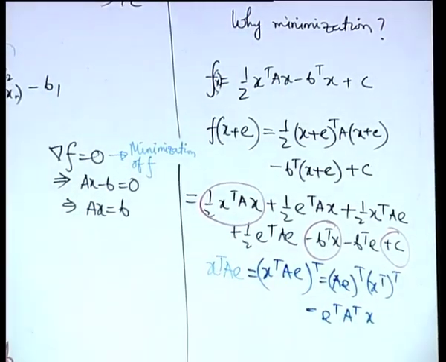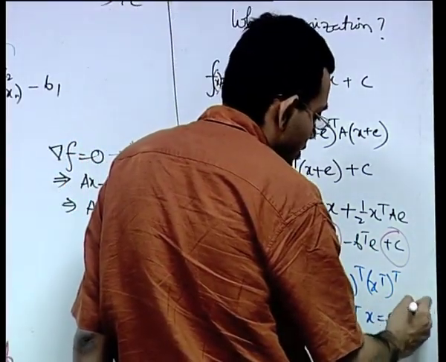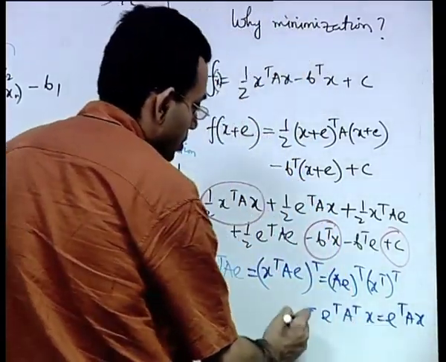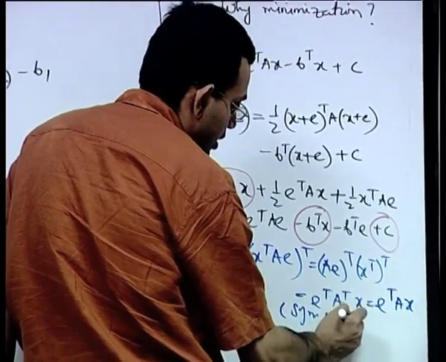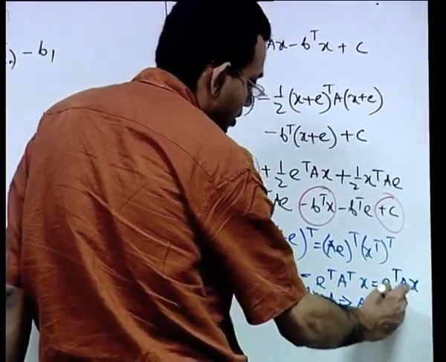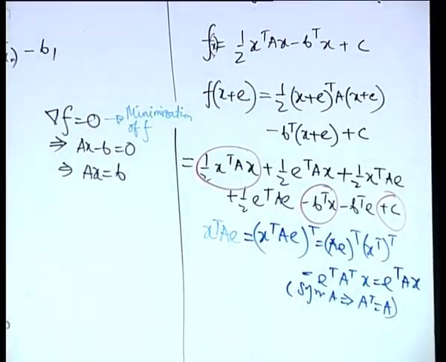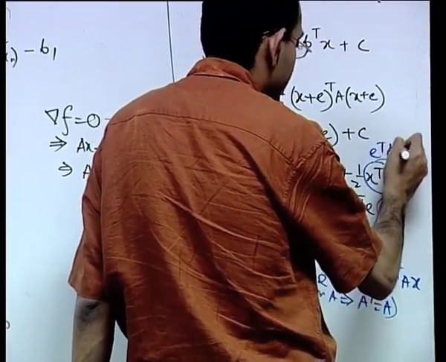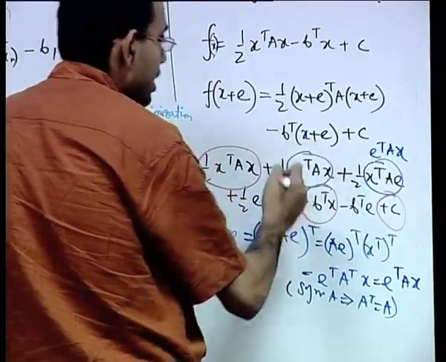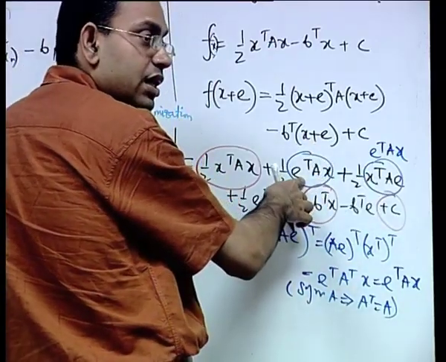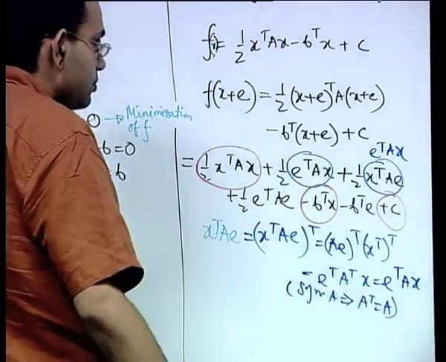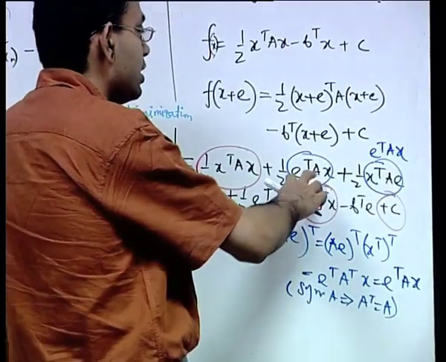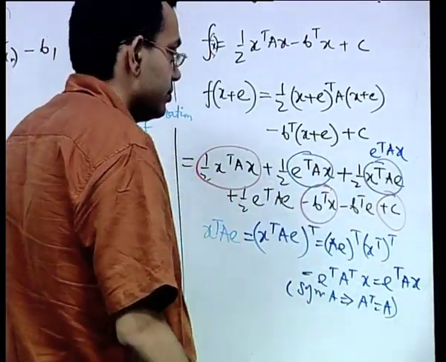Because A is symmetric, A transpose is equal to A. So this term becomes E transpose A x. This term is half E transpose A x, and this term is another half E transpose A x, so together it becomes E transpose A x.